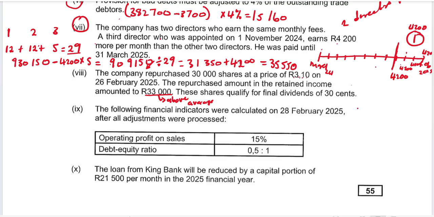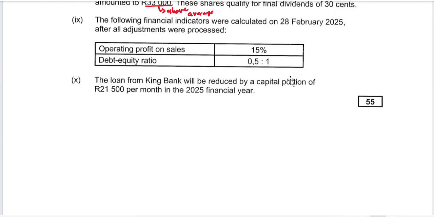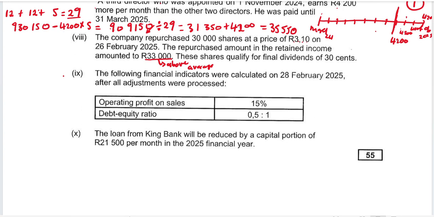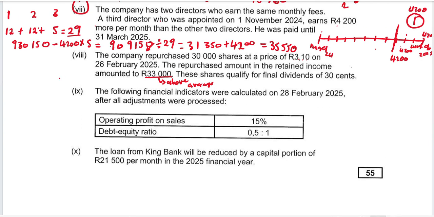Let me explain it here, but it needs a huge space. The amount they say qualifies for the dividends on it.